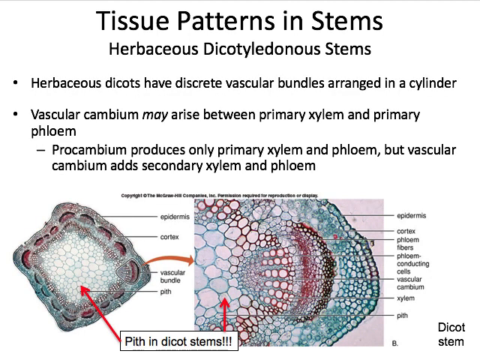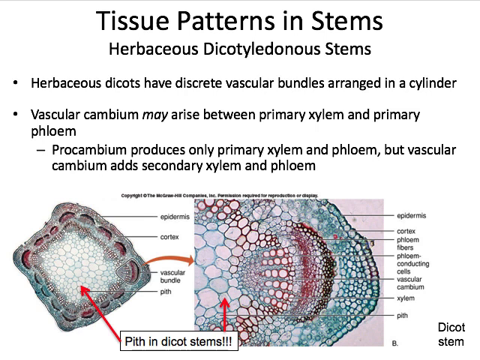Now, herbaceous dicots in their stems tend to have discrete vascular bundles that are arranged in a cylinder. And so when we examine these under a microscope, we'll see these herbaceous plants with bundles that look like they're just in a ring inside of the epidermis.